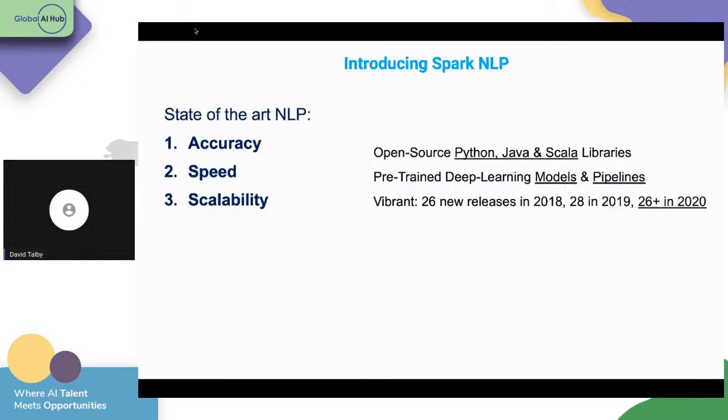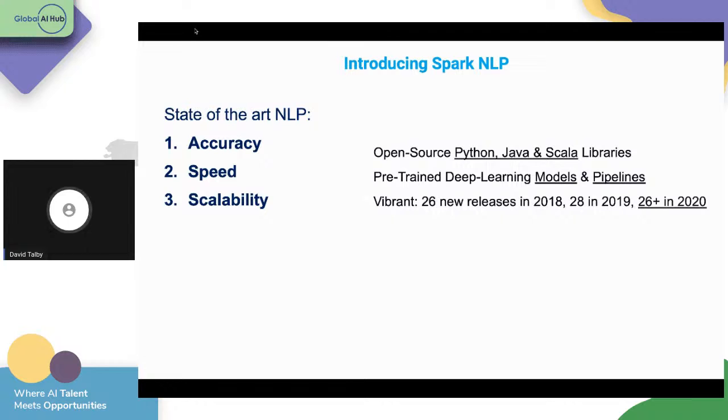So let's begin. Spark NLP is an open source library for natural language processing. By the way, all the code and all the libraries that I'm going to show you today are not just open source, they're also Apache 2.0 licensed, meaning you're welcome to use them any way you like, both personally and commercially. You can take them, you can sell them and charge money for them. You can change them however you want.